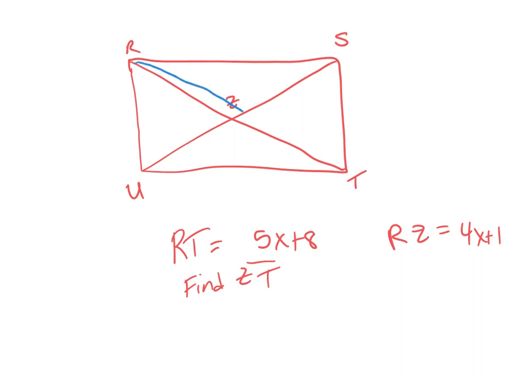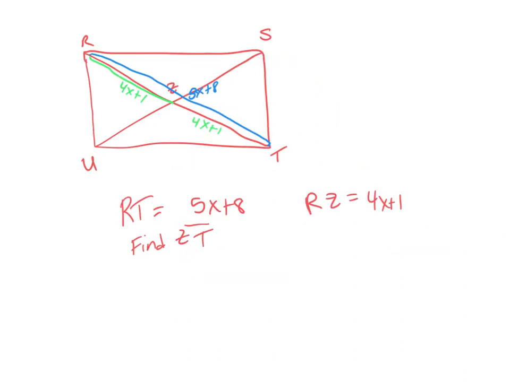So RT is all of this, and I'm going to put the 5x plus 8, right? And RZ is just half of this, and that's going to be 4x plus 1. Well, I know this is also equal, so this is going to be 4x plus 1. So I know that the equation I need to do is that 4x plus 1 times 2, two of those little guys equal the blue guy, right?